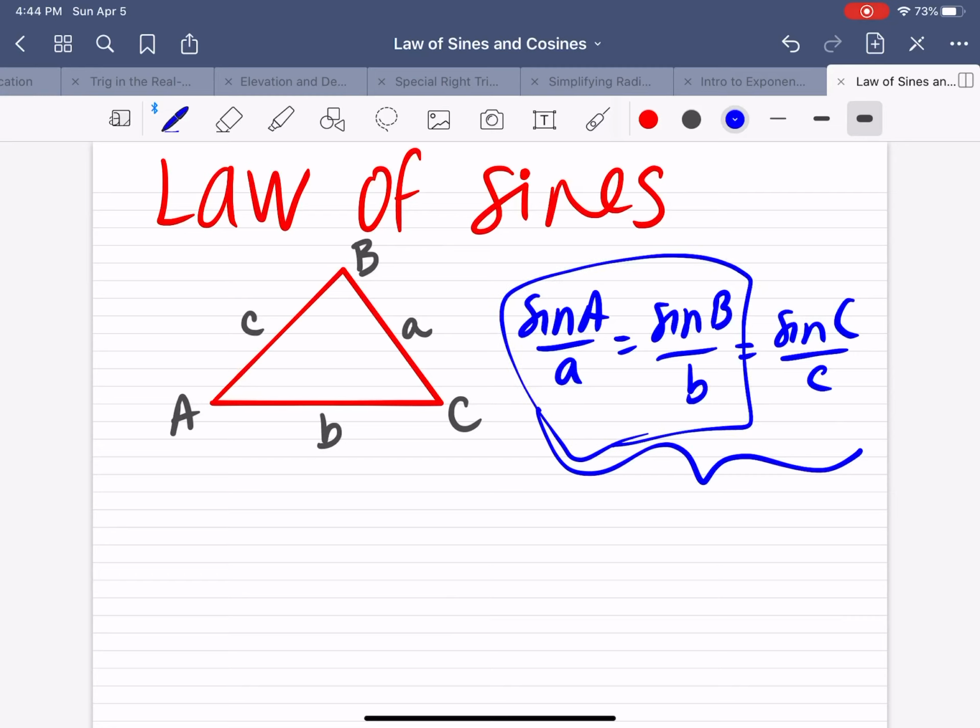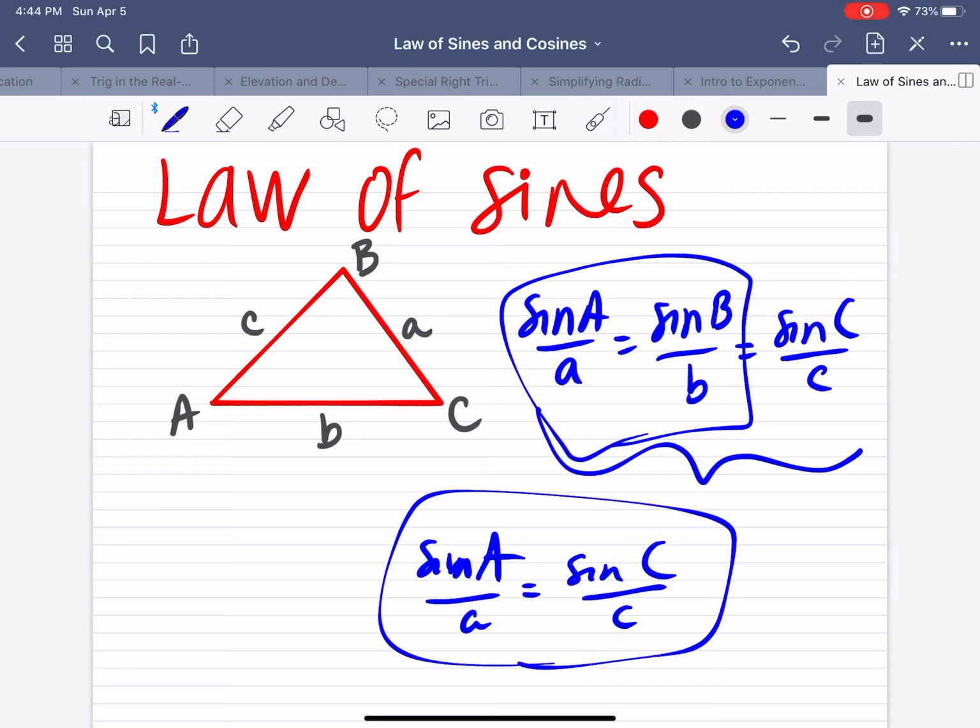Let's say you're given side A, angle A, and you're trying to find angle C, given side C, so you'll use these two. You can use any combination of these three right here. So this is the law of sines, finding angles and sides for triangles that are not right triangles.